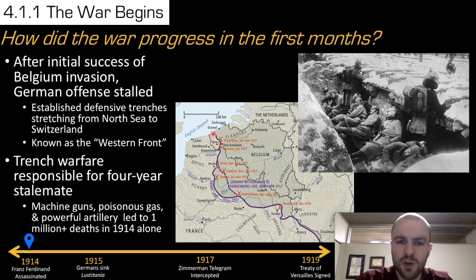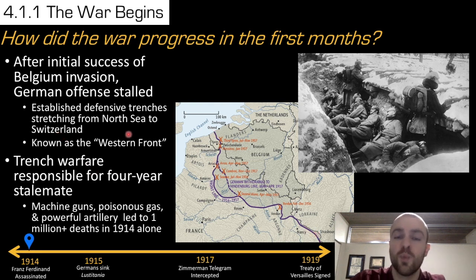The Germans, not wanting to lose any ground they had gained, established defensive trenches that stretched all the way from the North Sea, the English Channel here, down to neutral Switzerland. It was not just one trench, rather thousands of smaller trenches that stretched through hundreds of miles across France.